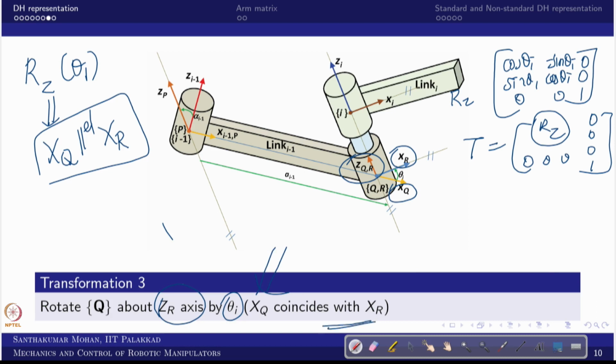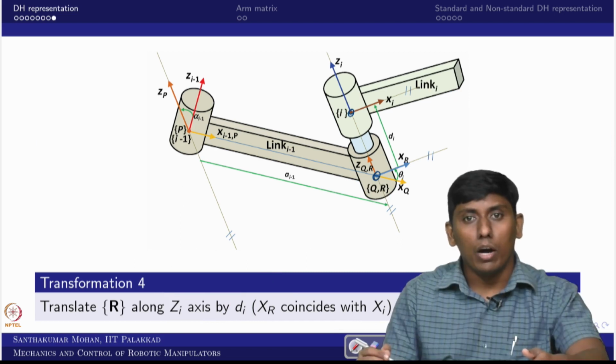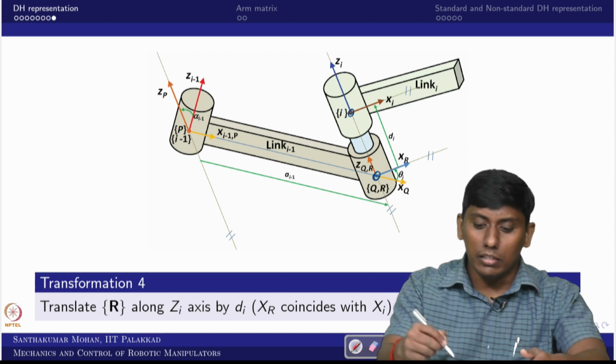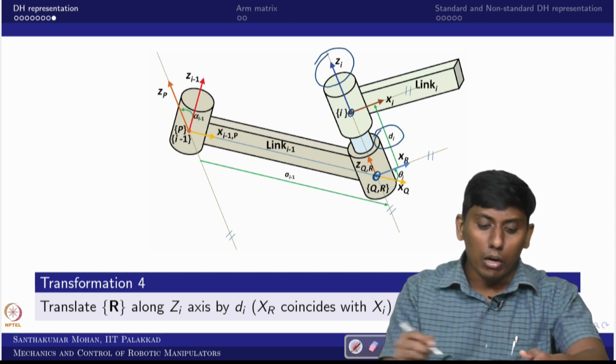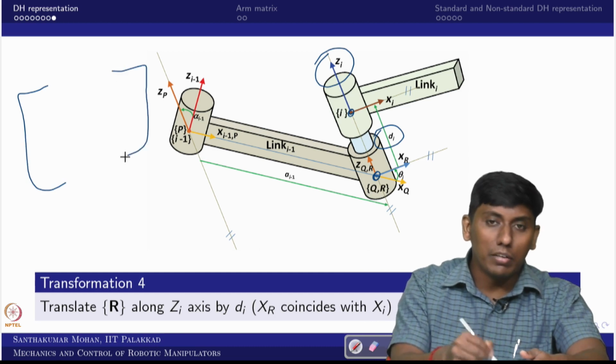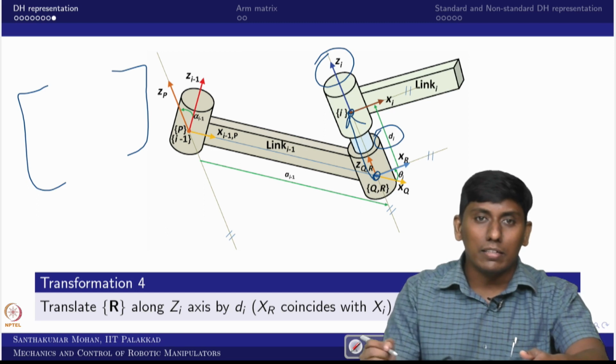Now we will go to the next one. You can see that now i and r are only a distance apart. How much distance? It is along zi, a distance di. So the translation we have done is travelling from r to i along zi.